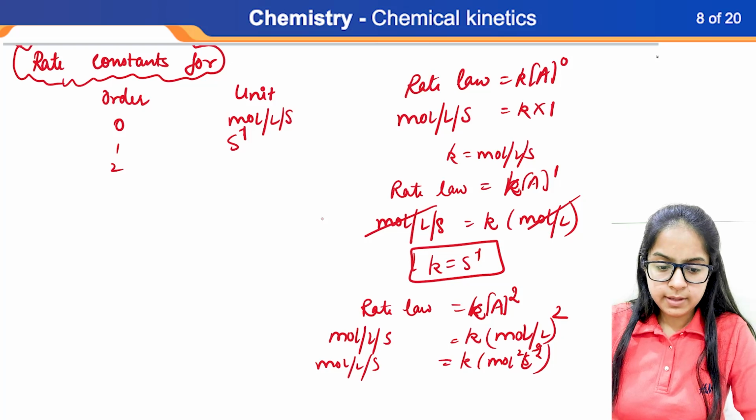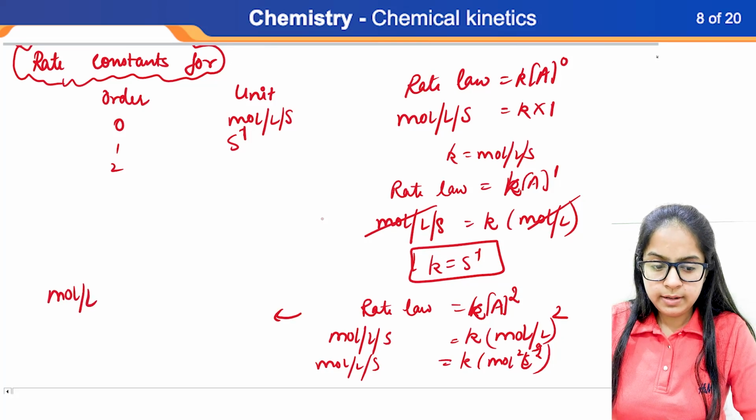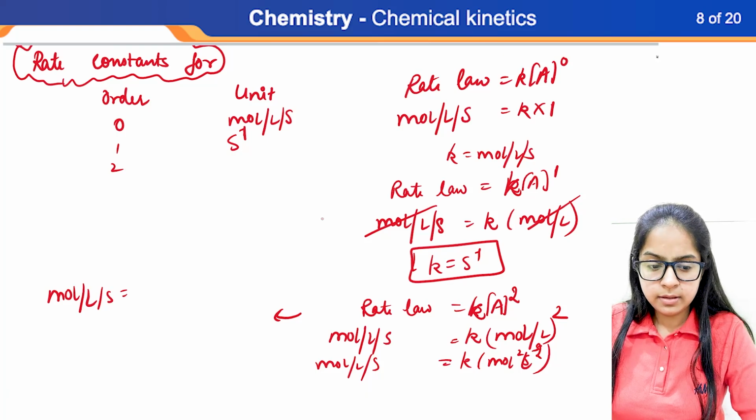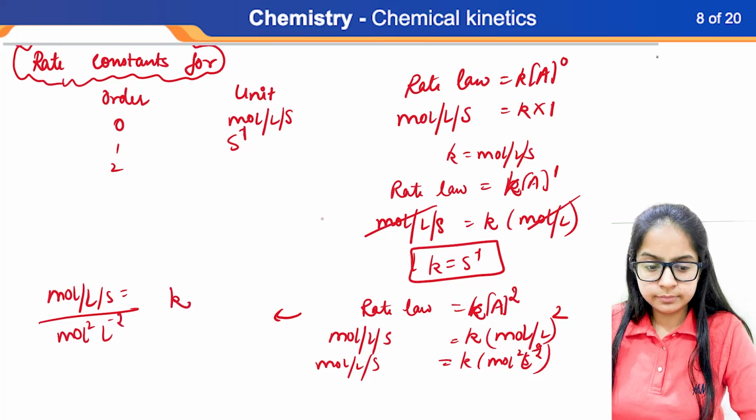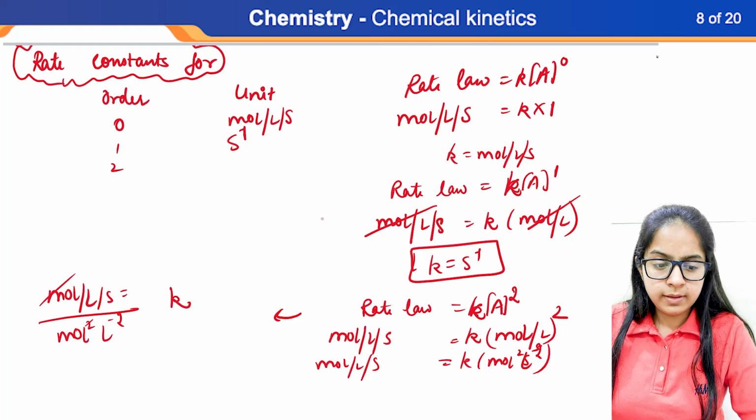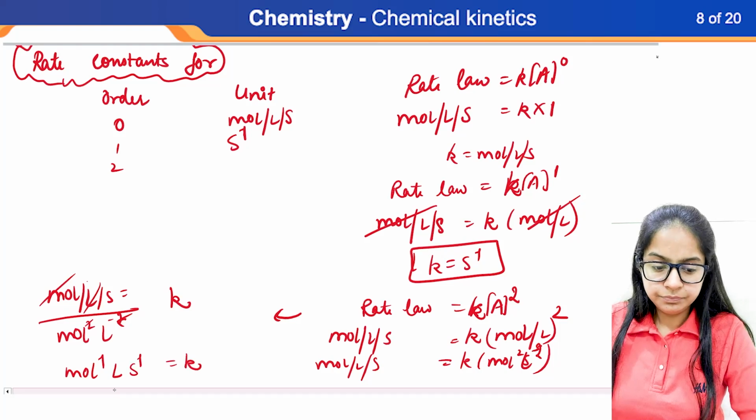So now I can write it here, mole per liter per second, mole square per liter square, K. Okay, mole cancel, per liter 1 liter cancel, mole inverse liter per second is K.